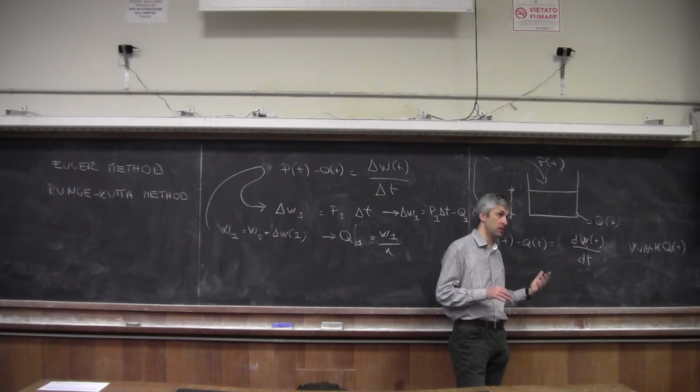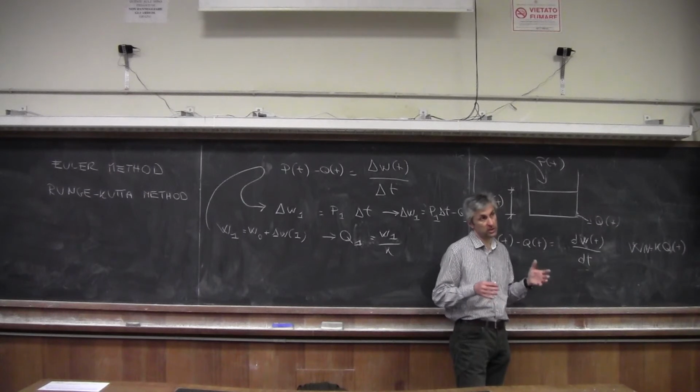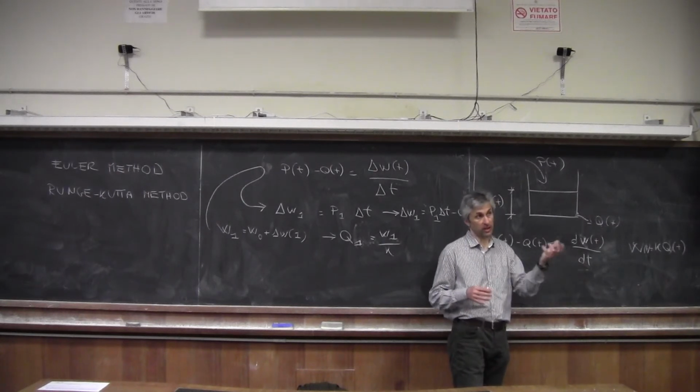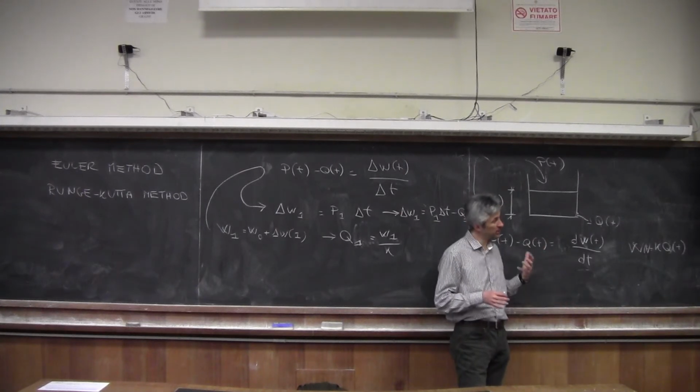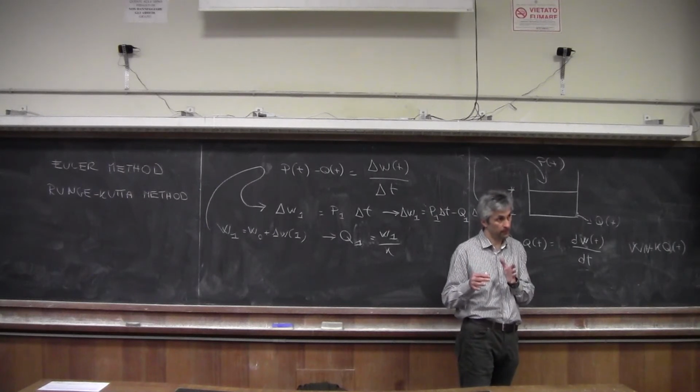So when you have an integral which is expressed nicely in an analytical way, it's better to use the integral form, and then you perform the numerical integration on the integral form, which is not really a numerical integration, it's a numerical computation of the integral.